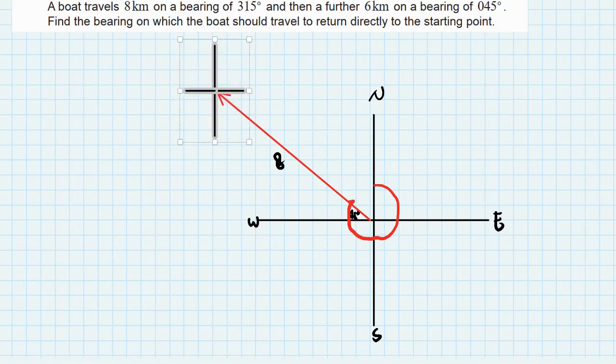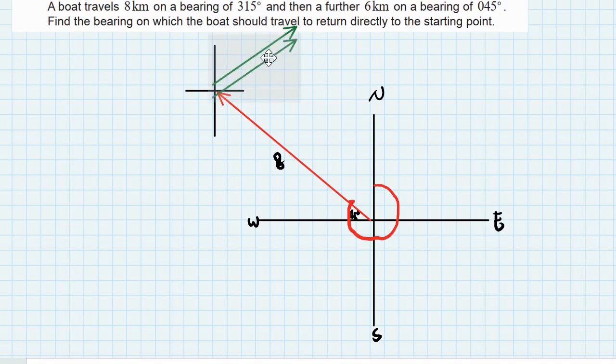From that point, the second direction, the boat goes this way, at a bearing of 45 degrees, and then the distance is 6. This is hard to draw correctly, but that should be good enough. And the bearing here is 45 degrees. You can see it.